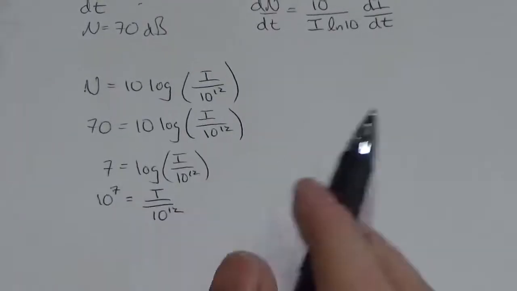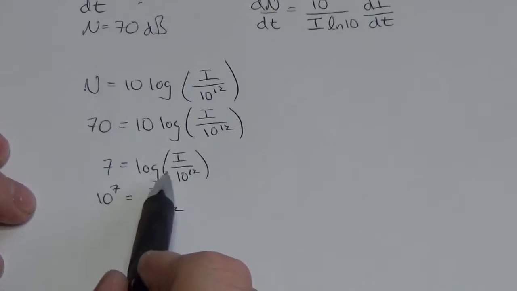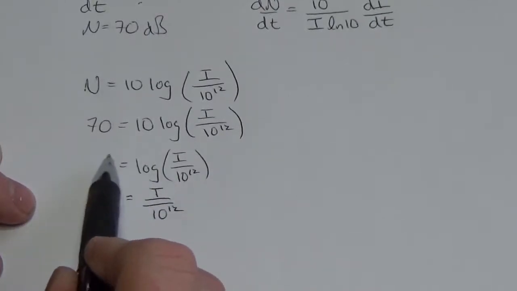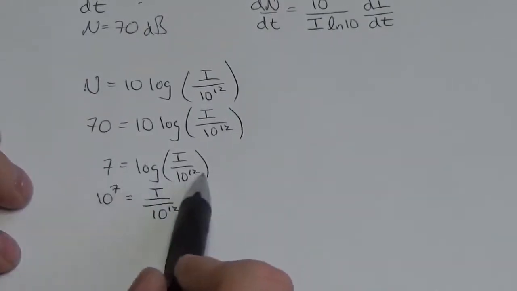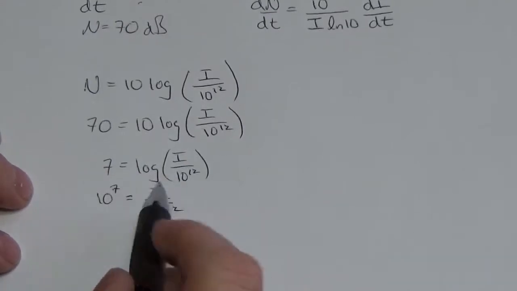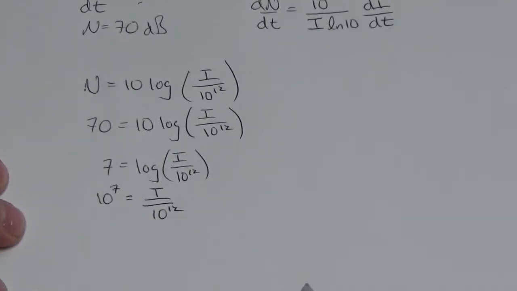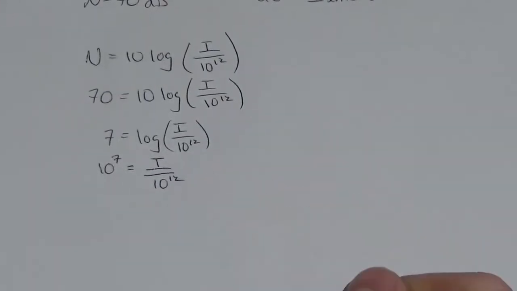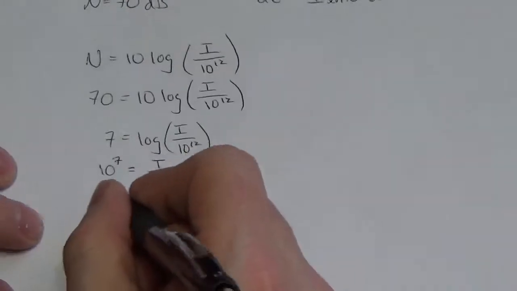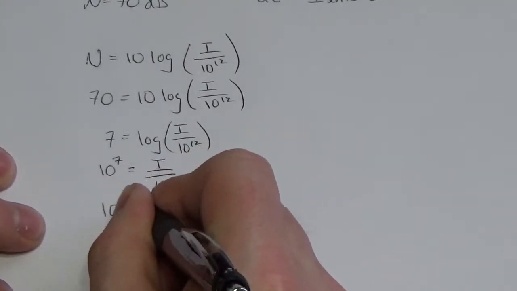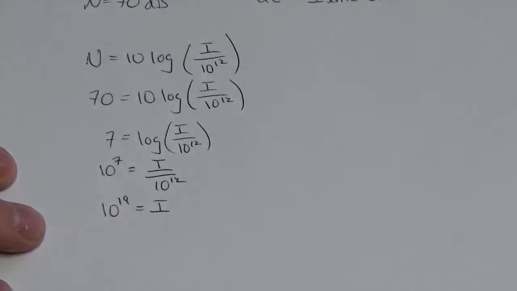There are all sorts of ways of remembering how to do that, but really it's just the base raised to this value as an exponent. A logarithm is an exponent. So 10 to the 7 gets rid of the logarithm. Now multiply through by 10 to the 12. And when you multiply powers with the same bases, you simply add the exponents. This is going to become 10 to the 19 is equal to I. Okay?